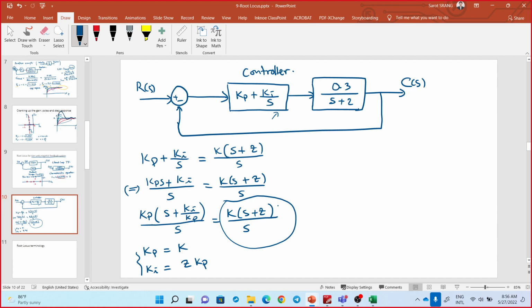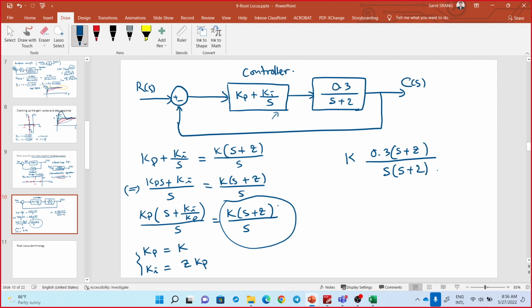So we can have K times 0.3 (s plus z) over s times (s plus 2).